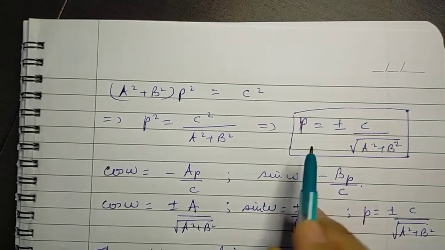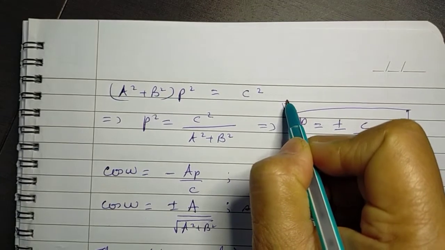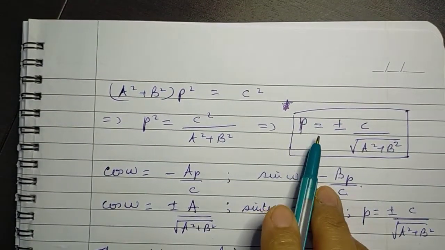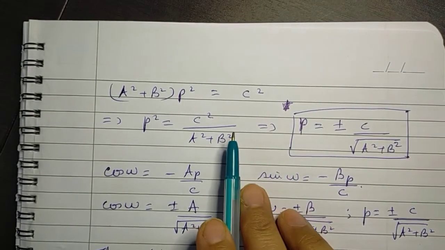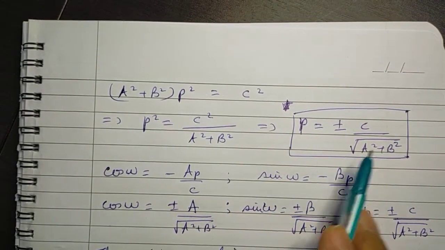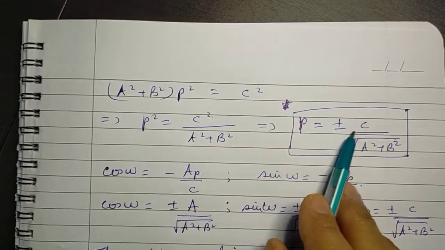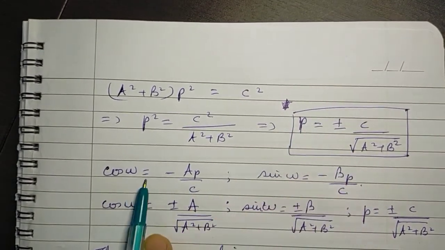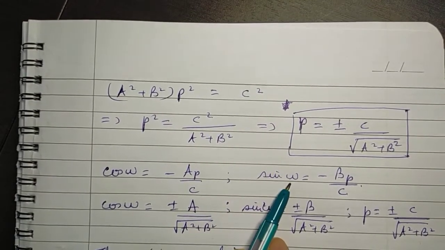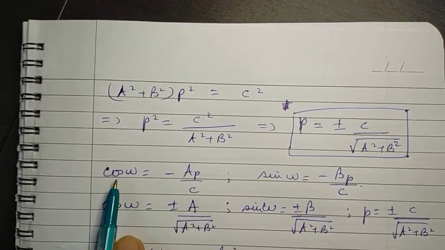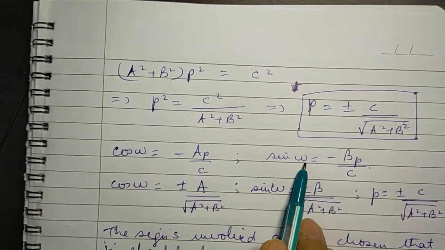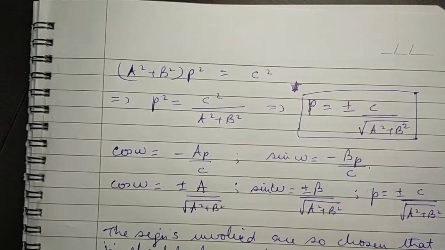This is the most important thing to be kept in mind while converting or while reducing the general equation into the normal form. Now substituting the value of p in the result which we have already derived for cos omega and sin omega, we know that cos omega is minus ap by c and sin omega is minus bp by c.